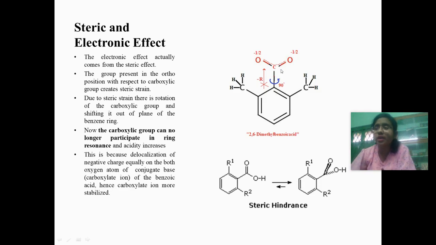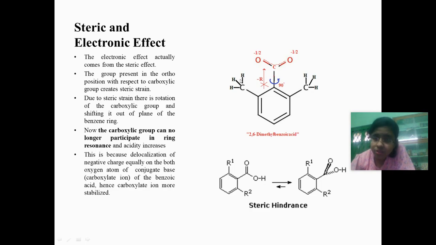Now the acidic proton is already released, and there will be formation of CO2 minus, the carboxylate ion. Now what is going to happen there? Here the CO2 minus is already formed and there is one CH3.